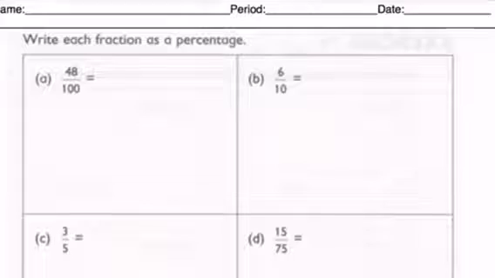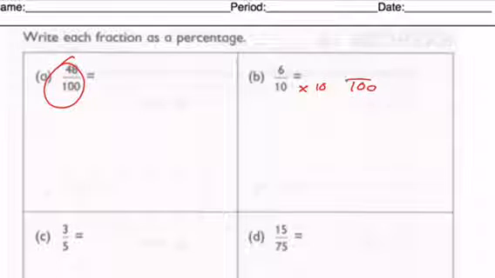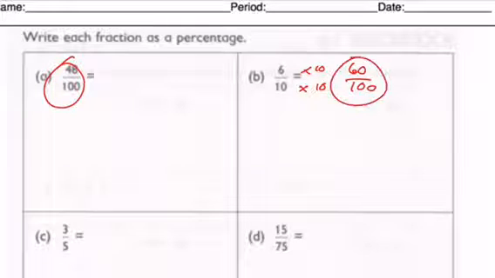All right, getting into the next, this is towards the end of the week. We're going to write fractions as percents, right? 48 hundredths, done. 6/10, hopefully you know you can turn that into 100, by multiplying by 10. And 6 times 10 is 60. We need to get that denominator of 100 to get a percent. 60%.